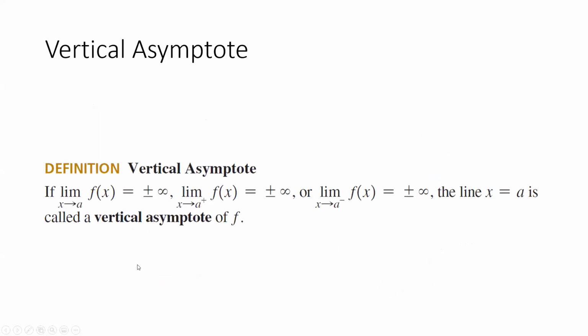It's if the limit as x approaches a is positive or negative infinity, the limit as x approaches a from the right is positive or negative infinity, or the limit as x approaches a from the left is positive or negative infinity. In any of these cases, we know that the line x equals a must be a vertical asymptote of the graph. So it could be any of those four cases that we saw before.